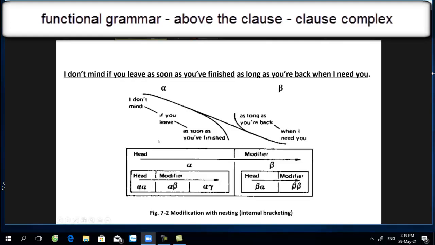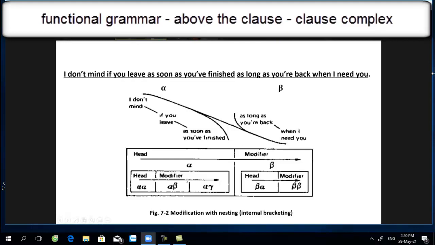So as you can see, we have alpha here. The first alpha is for the bigger picture here. I mean, the primary clause, I don't mind if you leave as soon as you finished. That is the first alpha, and the next alpha is the sub-primary clause, like I don't mind in this clause.